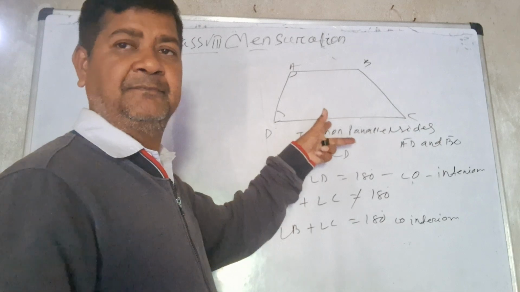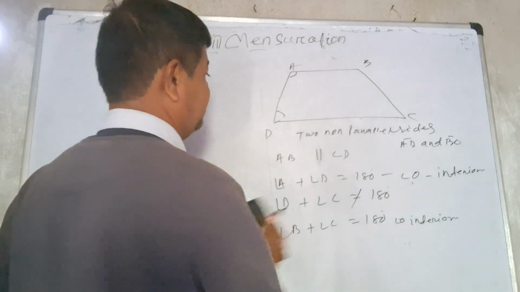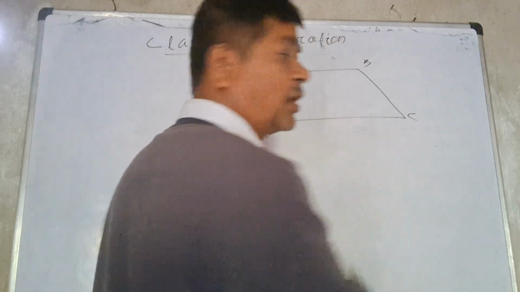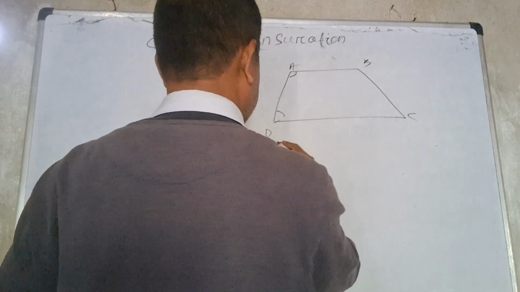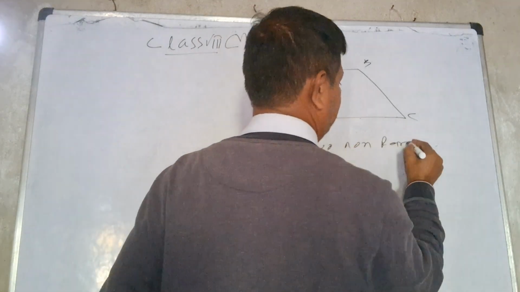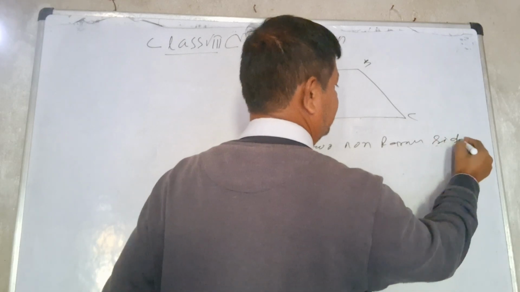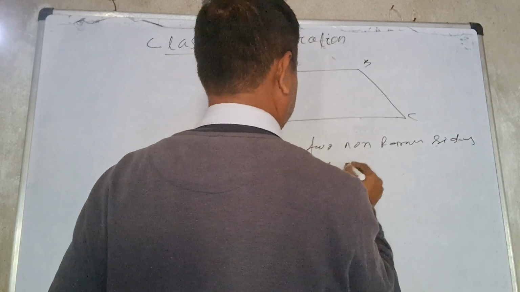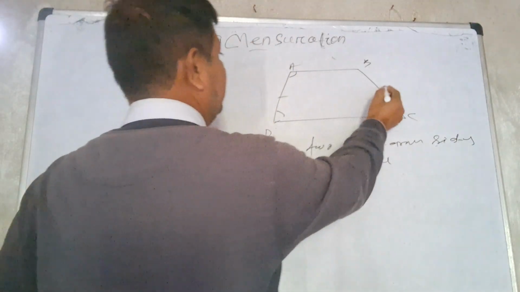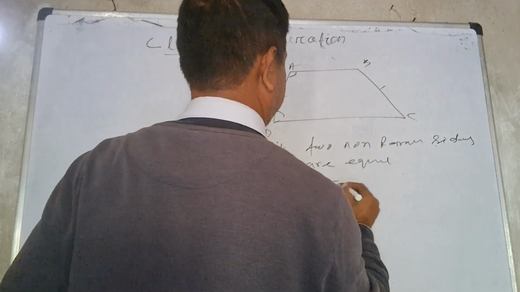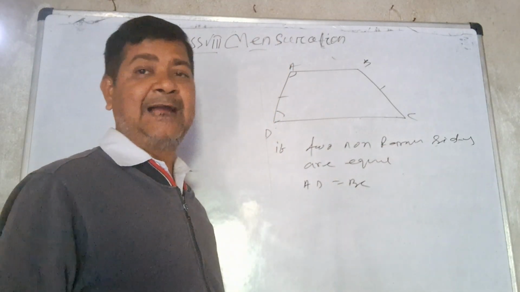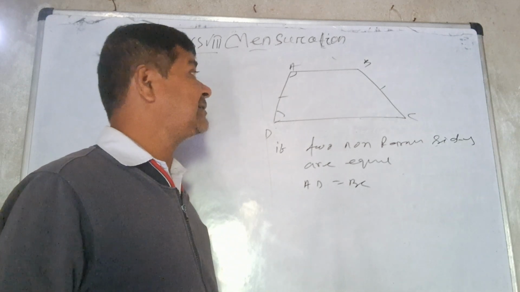Only two sides are parallel. If the two non-parallel sides are equal, that means AD equal to BC here, then this trapezium is called an isosceles trapezium.